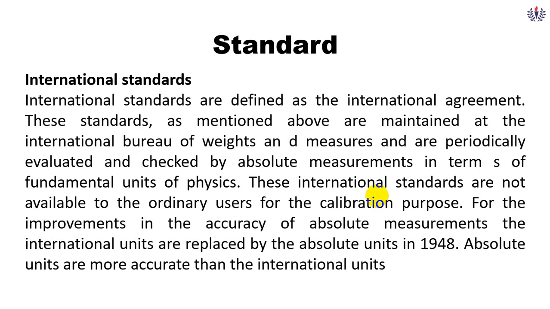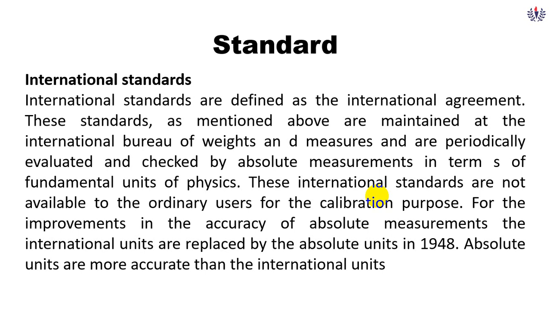The international standards are not available to ordinary users for calibration purpose. For the improvements in the accuracy of the absolute instrument, the international units were replaced by absolute units in 1948. The absolute units are more accurate than the international unit.